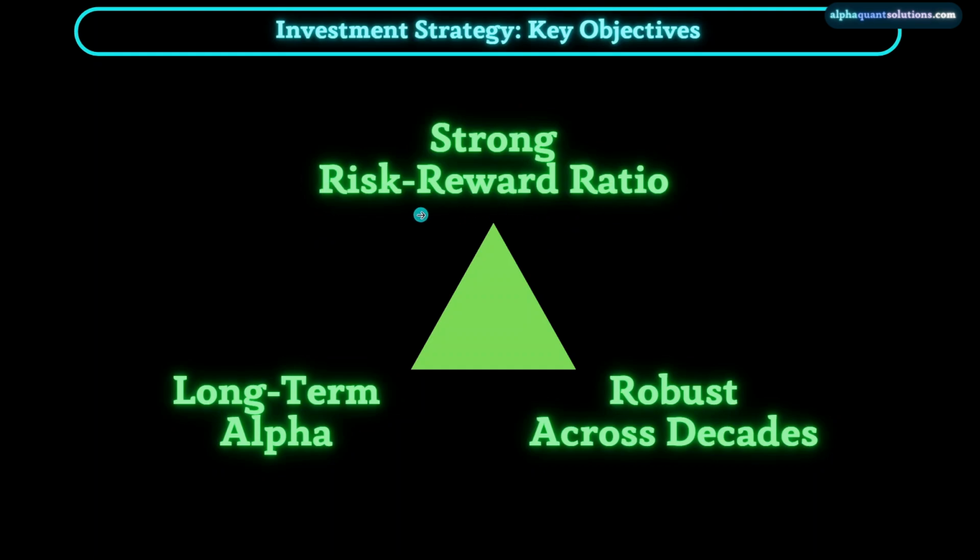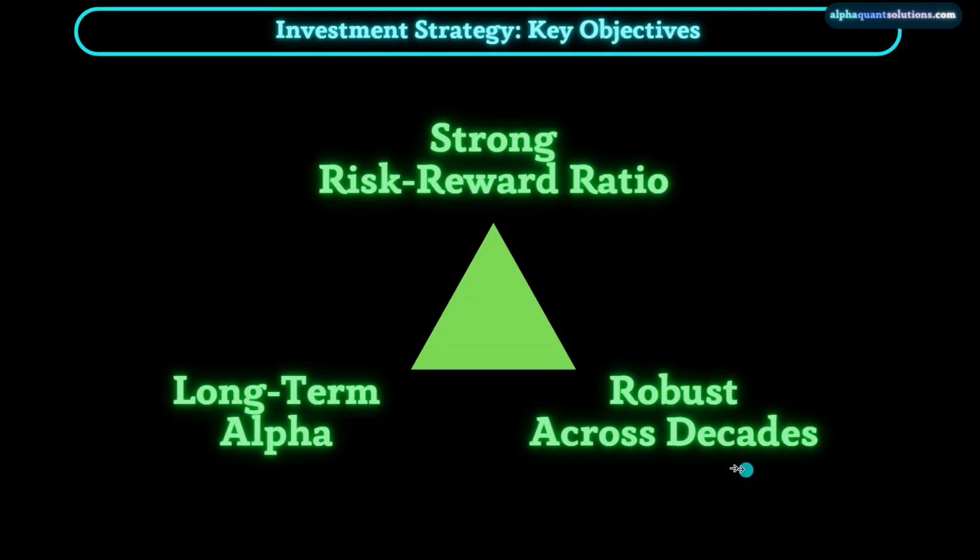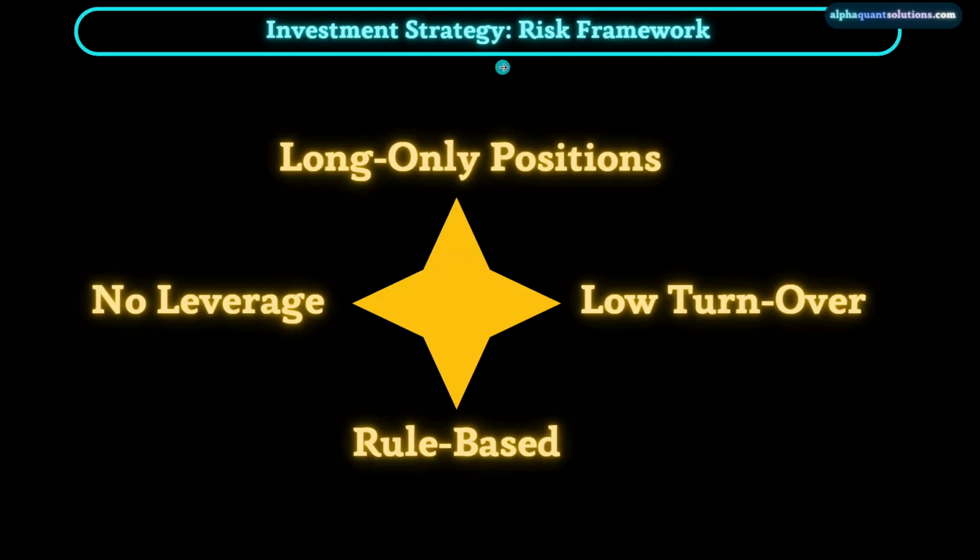So this means that we want to minimize risk and maximize the reward. So we want to go for preferably as high as possible profit factors. And then finally, we want to test this strategy and make sure it is robust over many years, preferably over several decades.